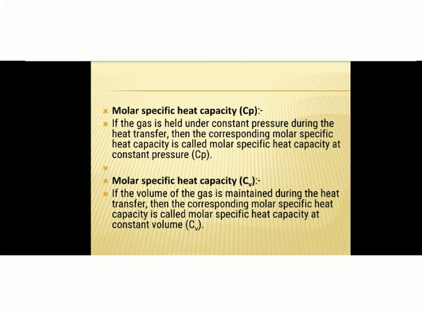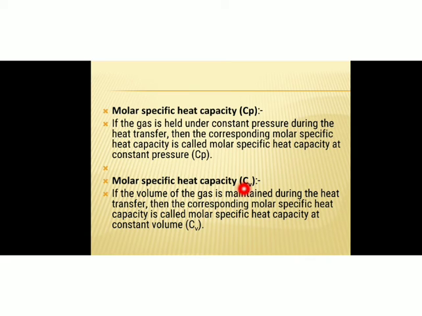We had already discussed the molar specific heat capacity at constant pressure and constant volume. So how will you define this molar specific heat capacity? If the gas is held at constant pressure during the heat transfer, then the corresponding molar specific heat capacity is the molar specific heat capacity at constant pressure, that is Cp.